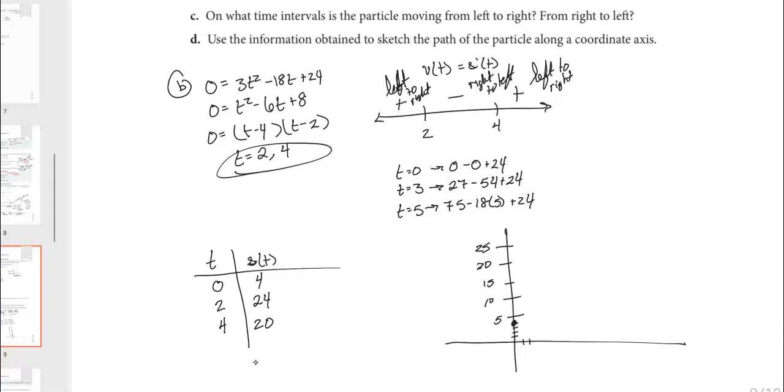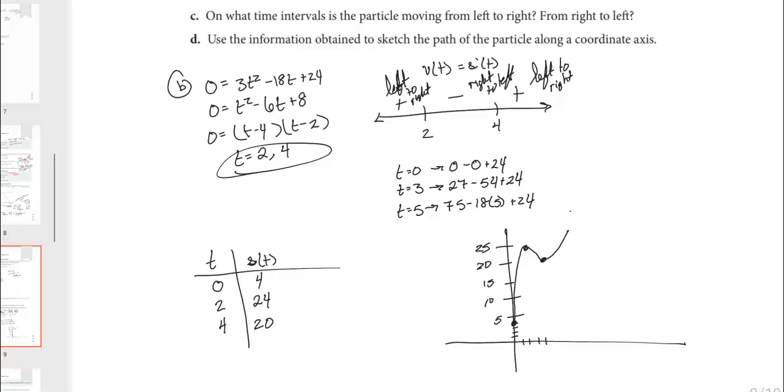So you can see how this is increasing here. And then at 4, it has a height of 20. So this is how the particle is moving. It's coming up, and then it's going down. And then it's going to end up going up again. Going up, down, up. So we're moving like this.